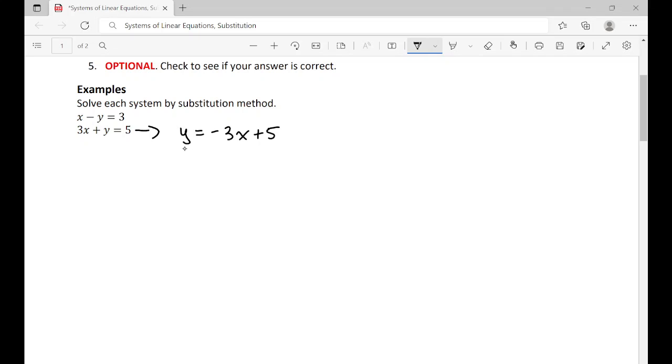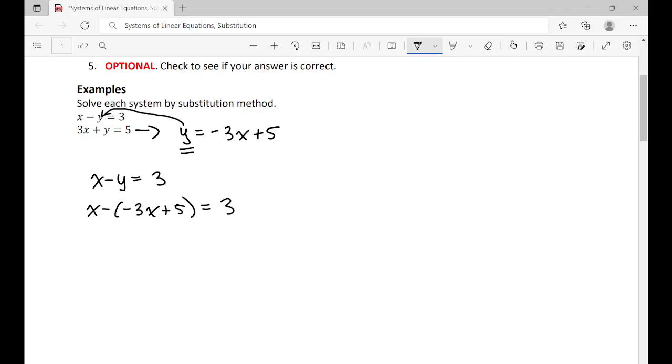Now I'm going to take what y equals, and plug it into where y is in the first equation. So I'm going to replace y with negative 3x plus 5. So x minus y equals 3 is going to become x minus (negative 3x plus 5) equals 3.